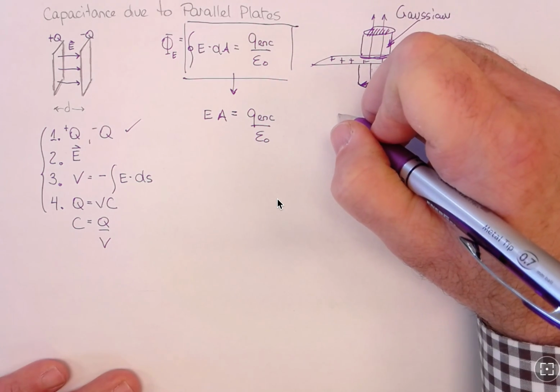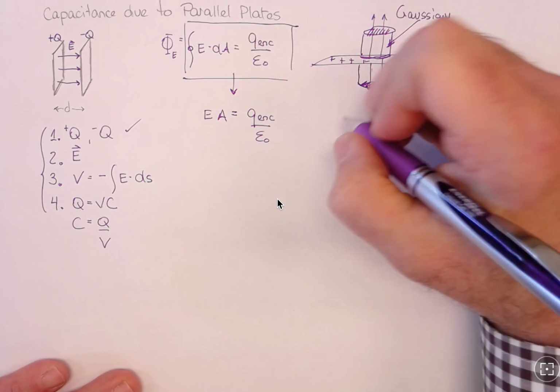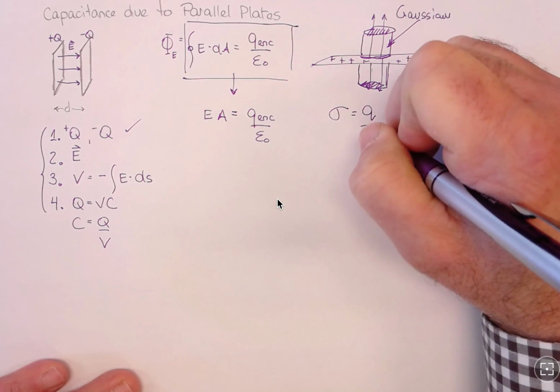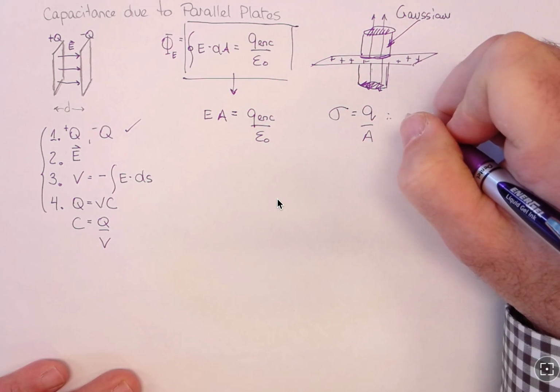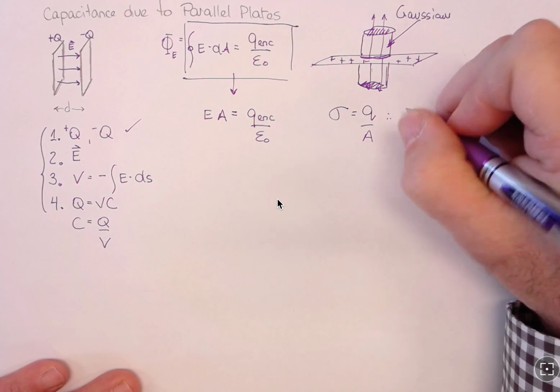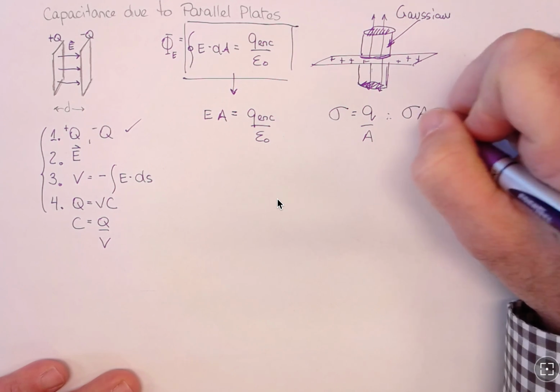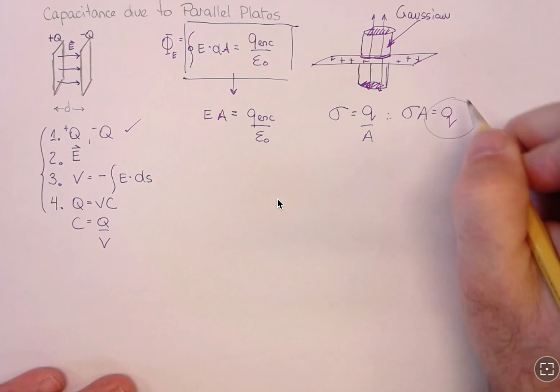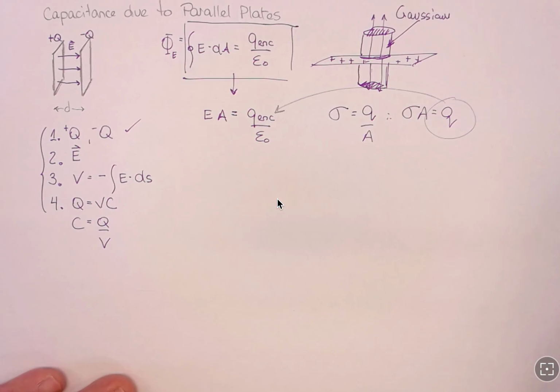Then I also need to recognize that the surface charge density sigma is equal to the charge per unit area. Therefore, the charge Q is going to be sigma times area. That's going to be important because right over here, I'm going to substitute that in.